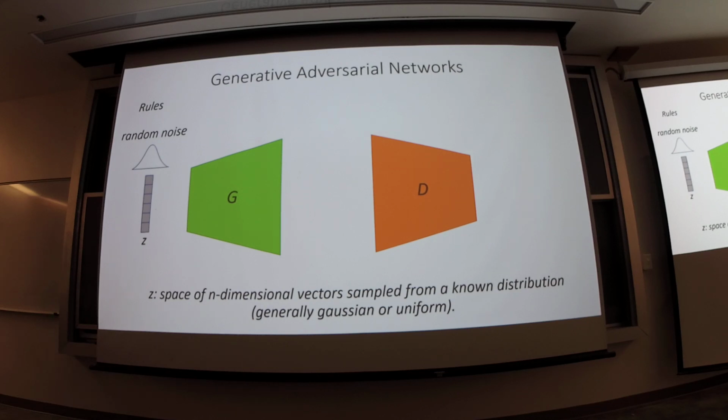A transpose convolution is designed to be the exact opposite. I start with something that is smaller and I end up with something bigger. It's basically just the inverse of a convolution, simply put.